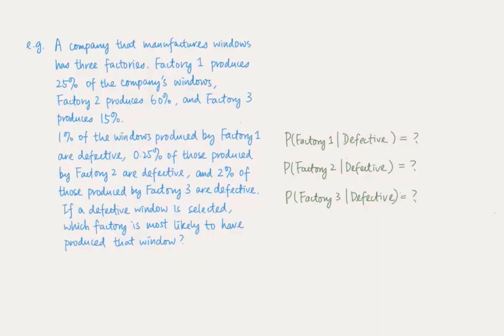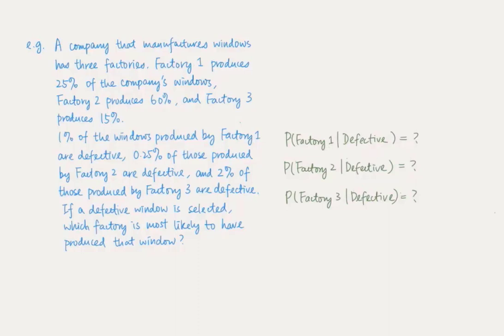Now, we are given the information that the window selected is defective. We want to know which factory is most likely to produce that window. It seems that answering this question is not so obvious, but we can answer it by considering the following 3 conditional probabilities. First, the probability that the window is produced by Factory 1 given that this window is defective.